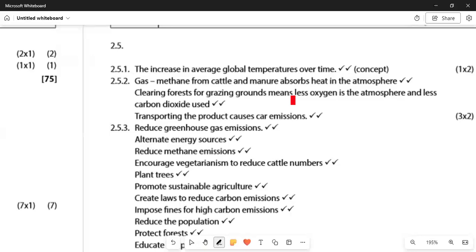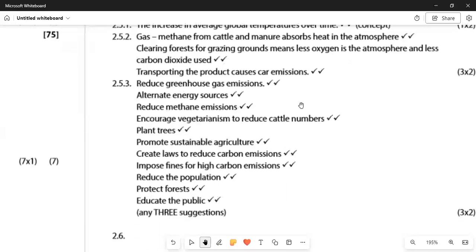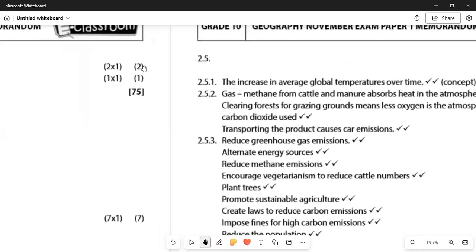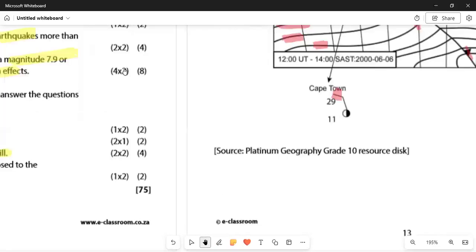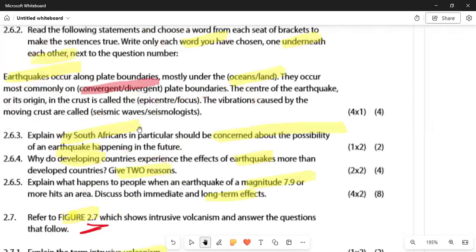The other one, we can reduce the methane emission, encourage vegetarianism, reduce producing cattle in numbers, plant more trees, promote sustainable agriculture, create laws to reduce carbon emission, impose fines for high carbon emission, reduce the population, protect the forest, and educate the public. That can be your answers pertaining to 2.5.3. All right, if we are moving on again, we can see that we have some other questions. Therefore, we are moving to 2.6.